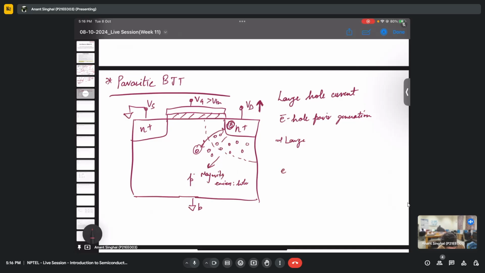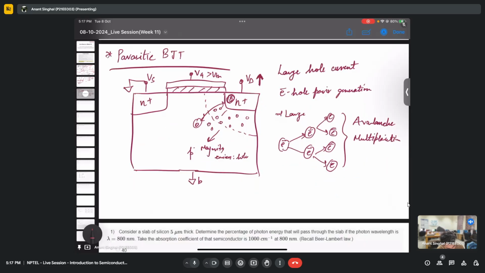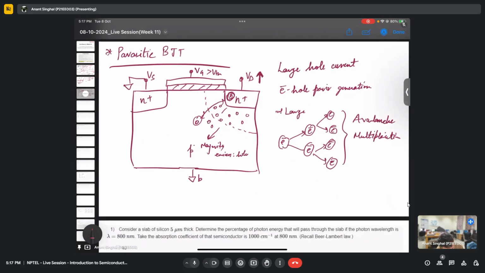Let's say this electron is colliding with some electron, and then these two electrons are again colliding with two other electrons, and it goes on like that. So it keeps increasing. This is what we call avalanche multiplication, and it happens at the drain side because what we are increasing is the drain voltage, due to which we have a very high hole current flowing from drain to body of the MOSFET.